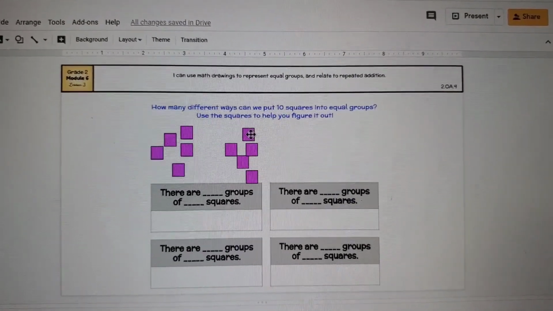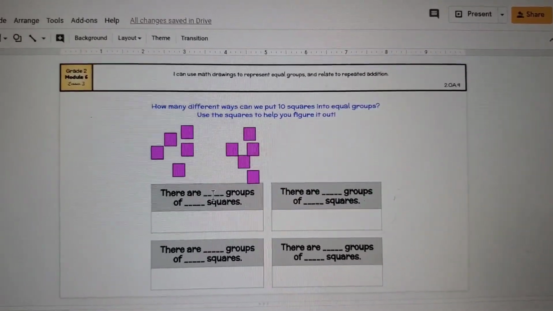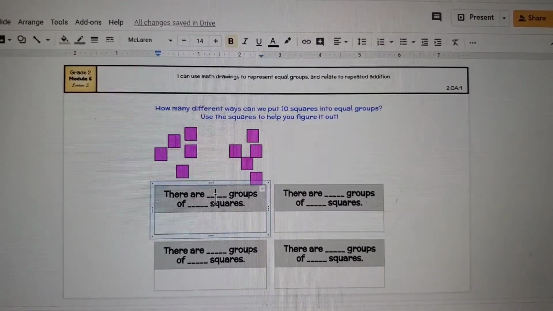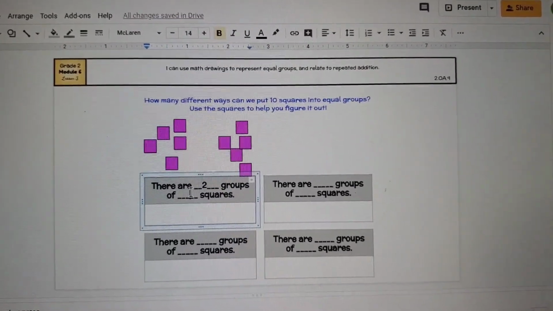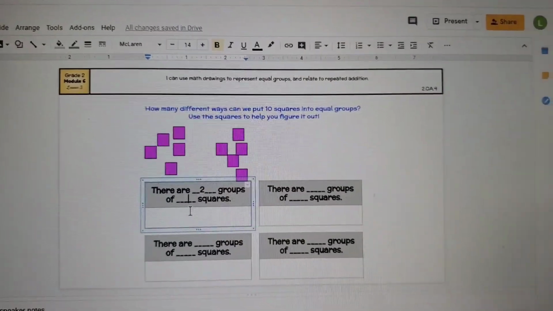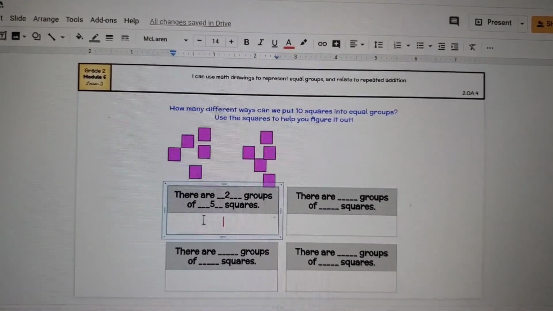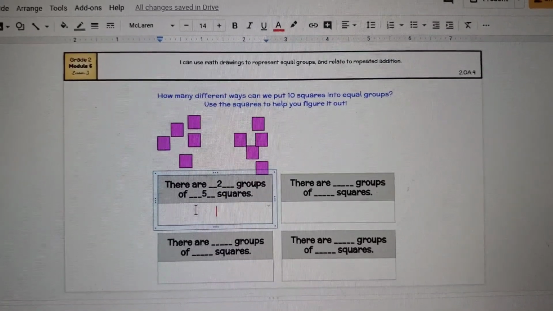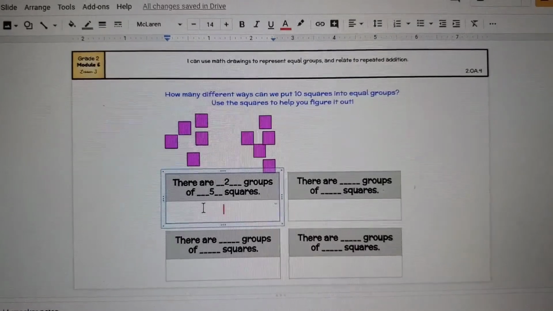And in this group, I have 1, 2, 3, 4, 5. So there are 2 groups of 5 squares. Okay, so I can make 2 groups of 5 squares.